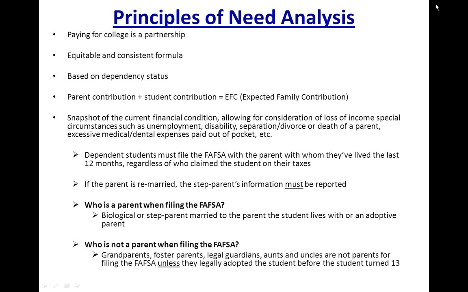The biological or step-parent married to the parent the student lives with, or an adoptive parent. Who is not a parent when filing the FAFSA? Grandparents, foster parents, legal guardians, aunts and uncles are not parents for filing the FAFSA unless they legally adopted the student before the student turned 13 years old.